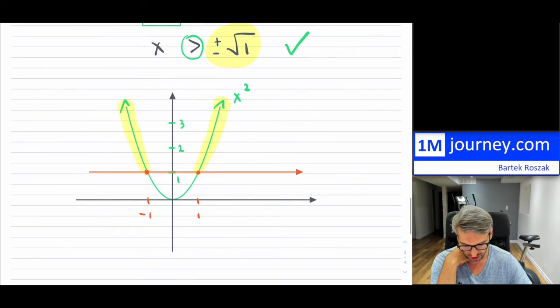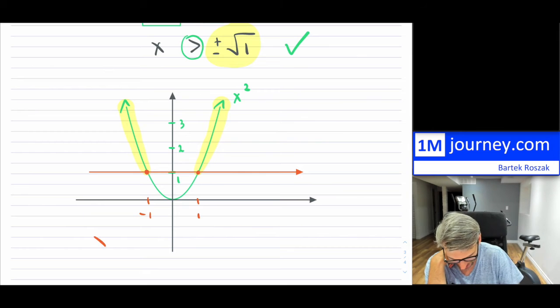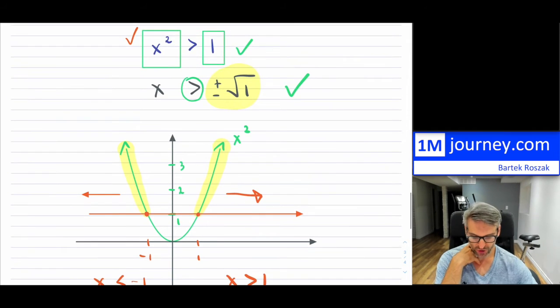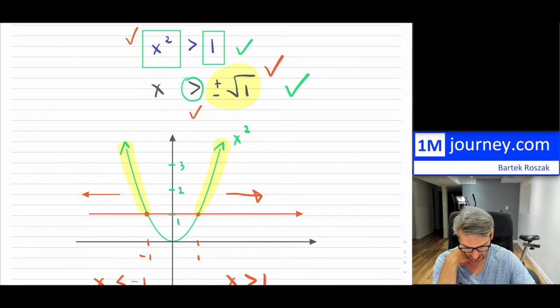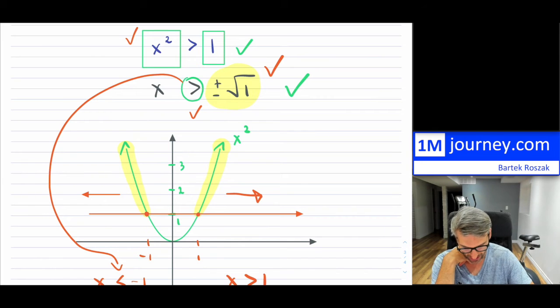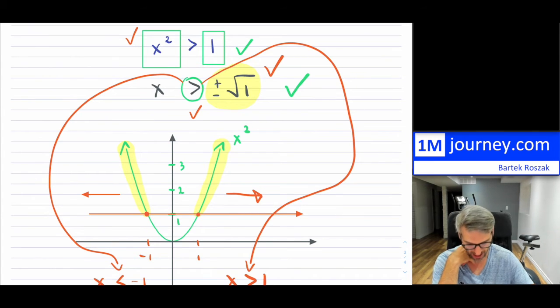But notice that x squared is actually bigger for x which is less than -1, moving in this direction, and for x which is greater than 1, moving in this direction. But if we took the square root right here, notice that one of the signs has changed, and the other has stayed the same.